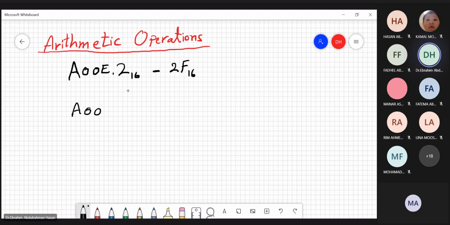So we have A00E.2 base 16, and here we have 2F, again base 16.